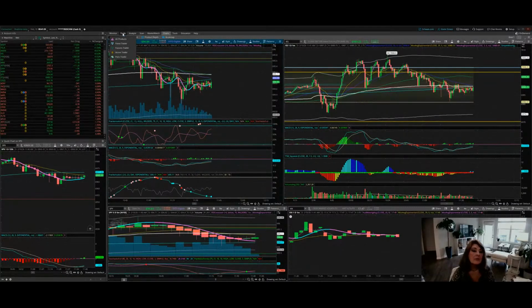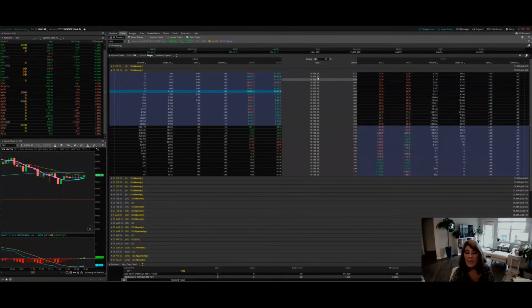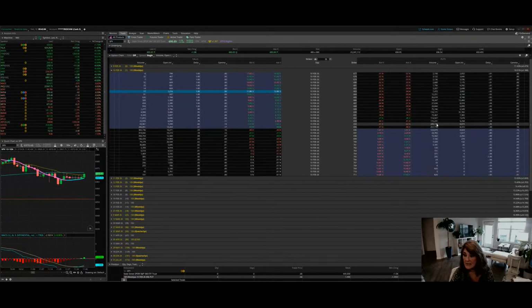So let's take a look at the volume. I keep the volume on my options chart, options chain, I should say. And we've got big volume sitting at 696 on the call side. Next highest one is sitting at 698 on the call side. On the put side, we have 695, which is kind of just below where we're sitting, and 694.